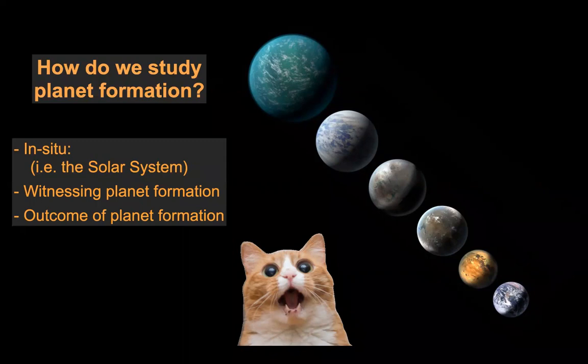And I show a cat because I'm always sort of awe-inspired by the sight of just planets itself. Okay. So this is what I focus on in my research, really, is studying the exoplanet population.